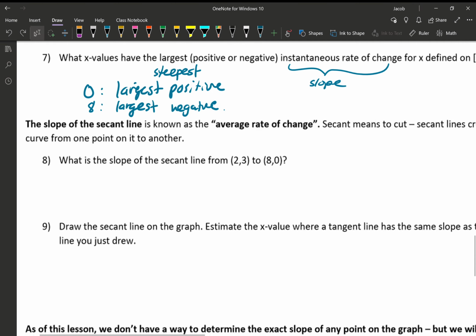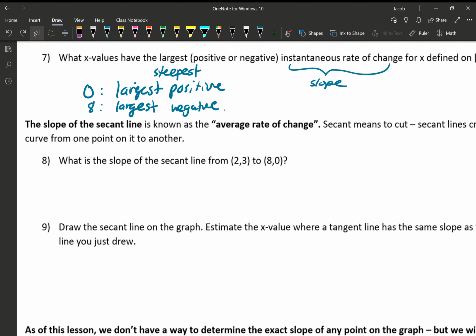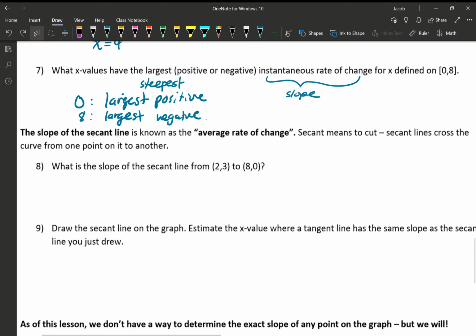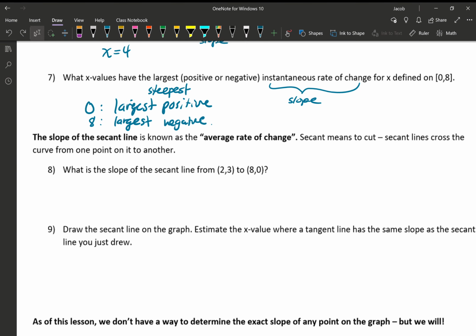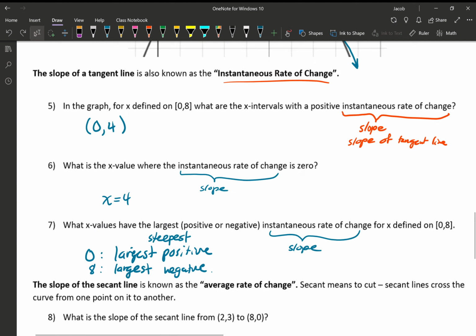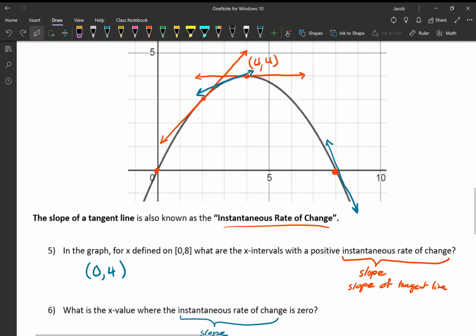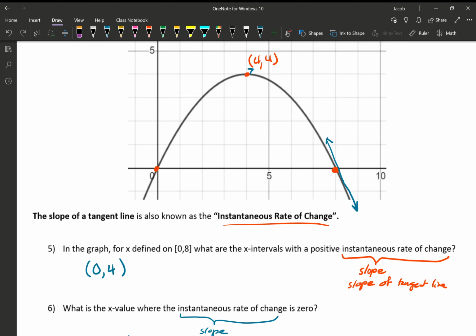Alright, so the last concept that I'm showing you all is the slope of the secant line, which is the average rate of change. So secant means to cut, and secant lines cross the curve from one point on it to another. So we're going to draw our first secant line at (2, 3) and (8, 0). I'm going to get rid of these tangent lines here.